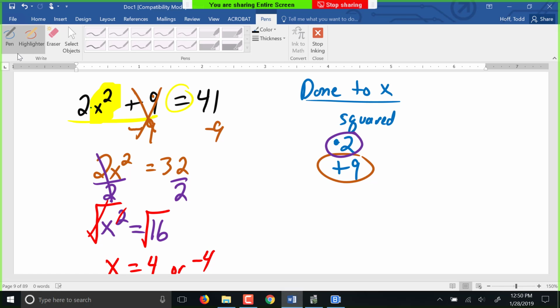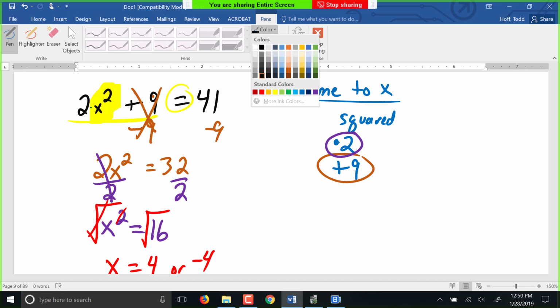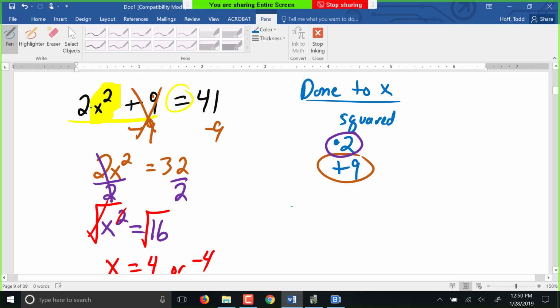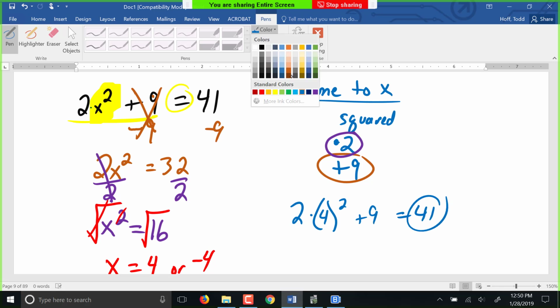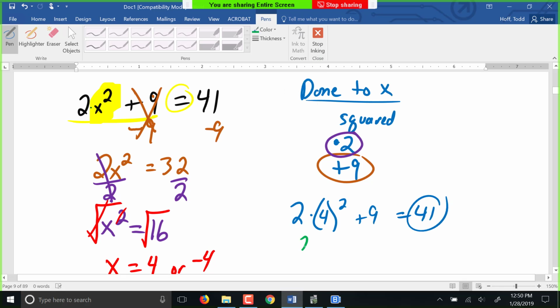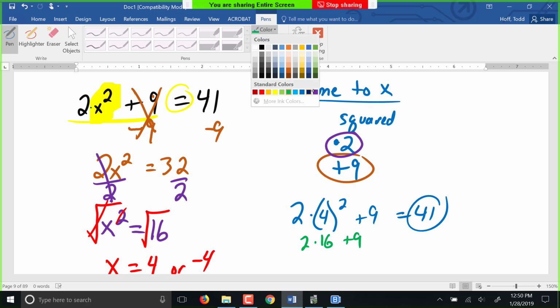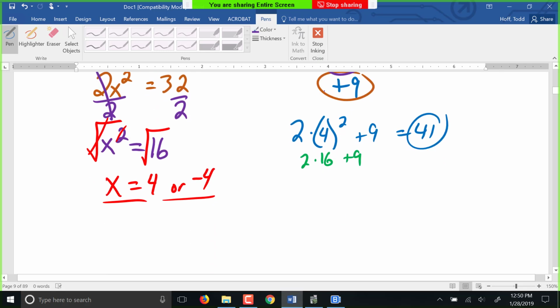Now, as always, we could replace x in this equation with that solution and see if it worked. Is 2 times 4 squared plus 9, does that actually give us 41? Well, that would be 2 times 16. 2 times 16 would be 32. Plus 9 is 41.